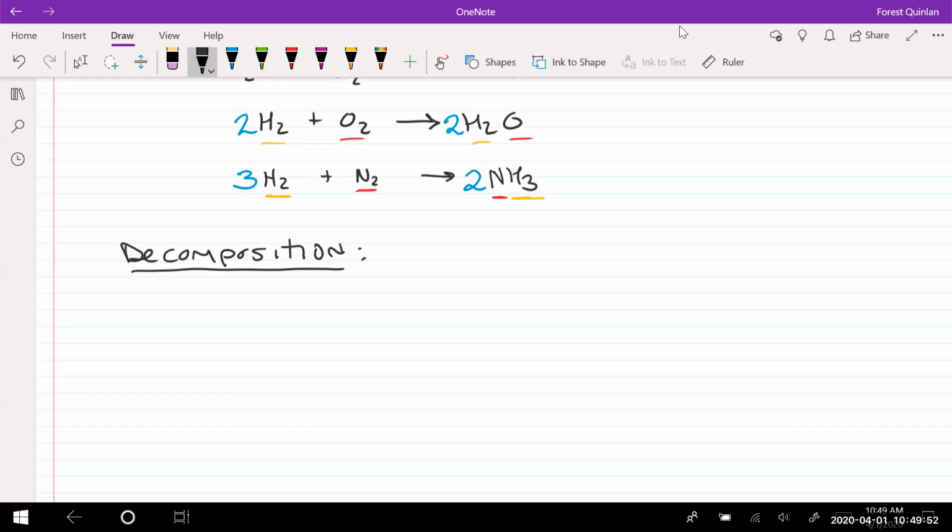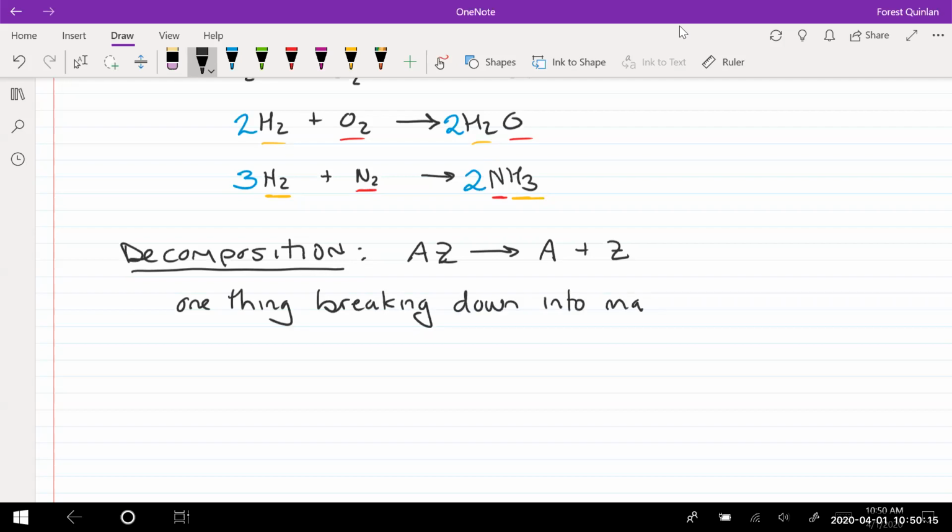And that is going to look like some sort of compound, say AZ, breaking apart into A and Z, or multiples thereof. And this is one thing breaking down into many.